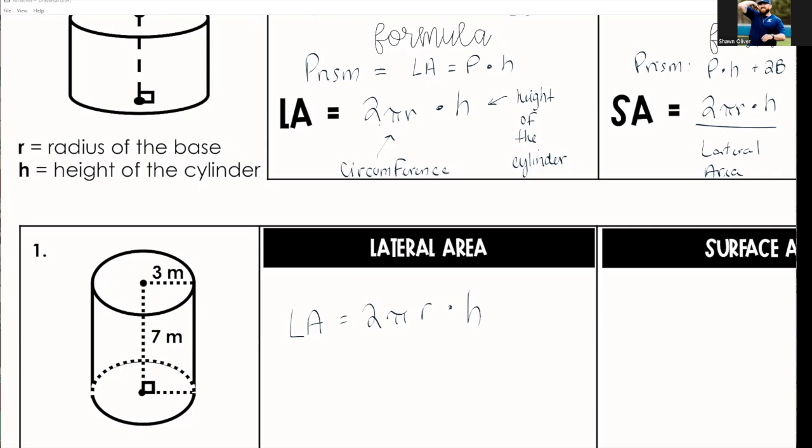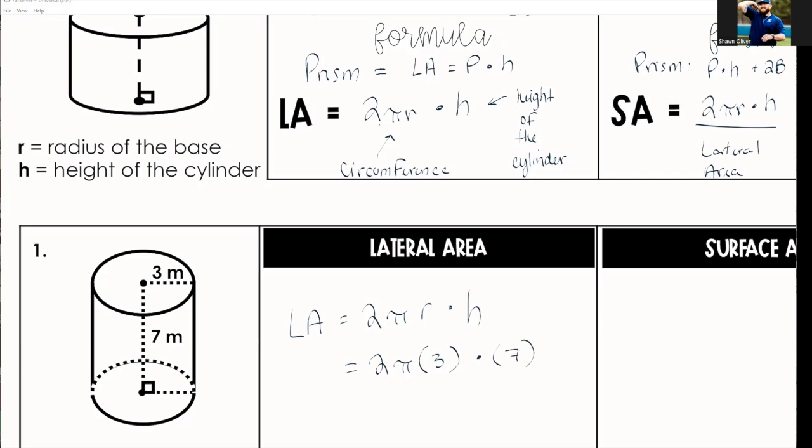What is the radius of our base? Essentially, it's the radius of the circle. 3. So 2 times pi times 3. And then how far is it from the top of our cylinder to the bottom of our cylinder? 7.